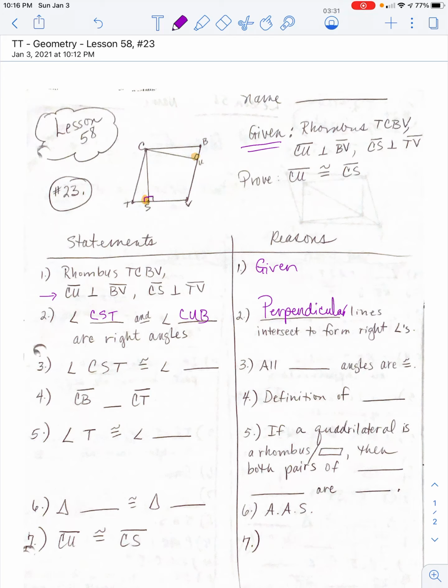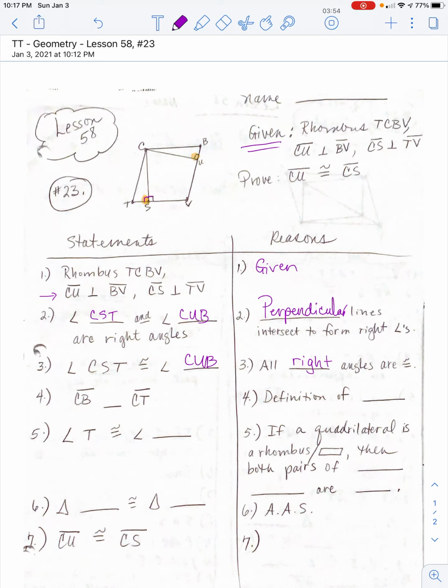Okay, the next step, 3, the statement we want to write here is that since CST and CUB are right angles, well then that means they're both 90 degrees. So they're also congruent. So all right angles are congruent. Now let's look at CB for a minute.